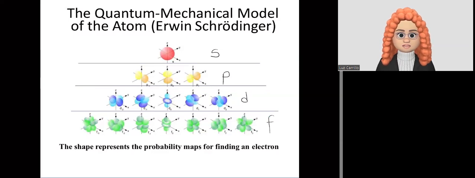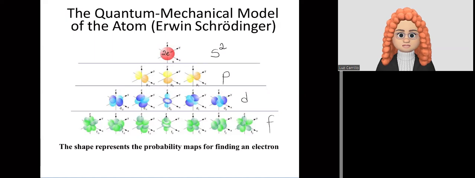These probability maps represent where we can find 2 electrons on each shape. So the maximum number of electrons that we can find per shape goes as follows. As you can see, we only have one illustration for the s orbital. So if we place 2 electrons here, that means that the maximum electrons that can populate an s orbital is 2.